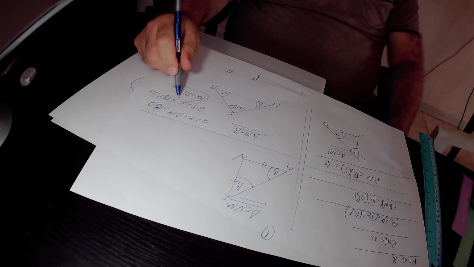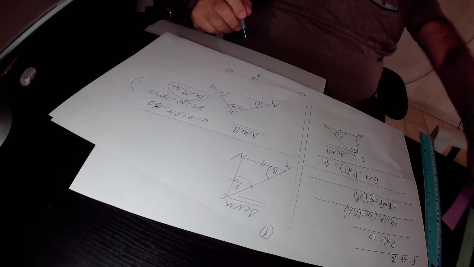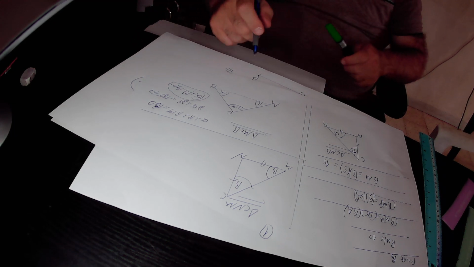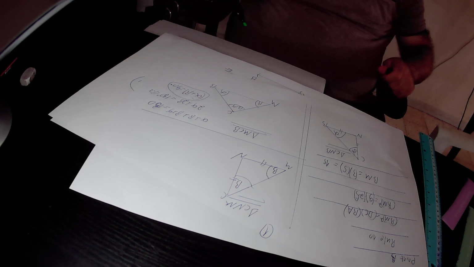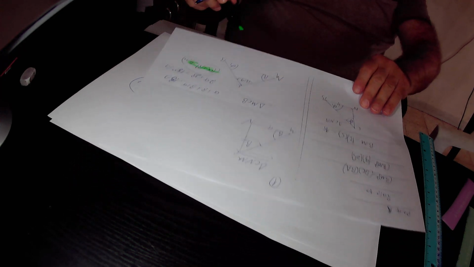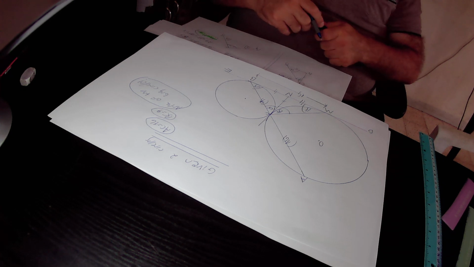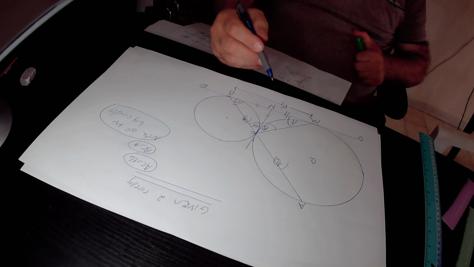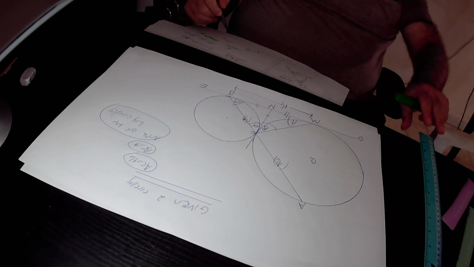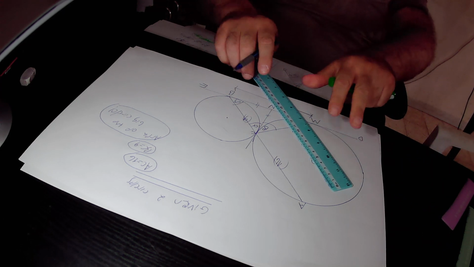So we found out that alpha plus beta equals 90 degrees. That is to say, this angle is a right angle. Simply, this is angle alpha plus beta, that is a right angle, according to what we just found out. So this is a right angle.